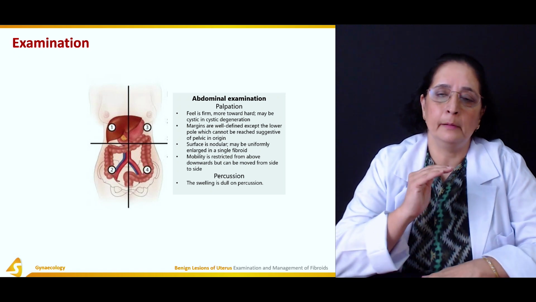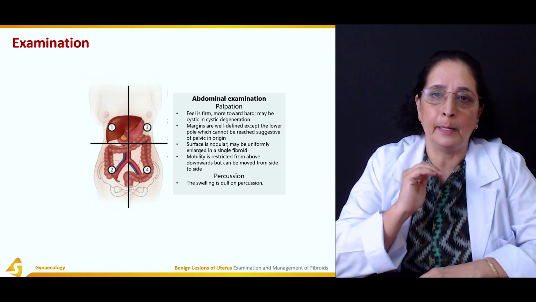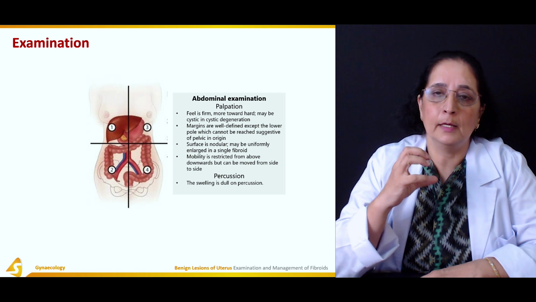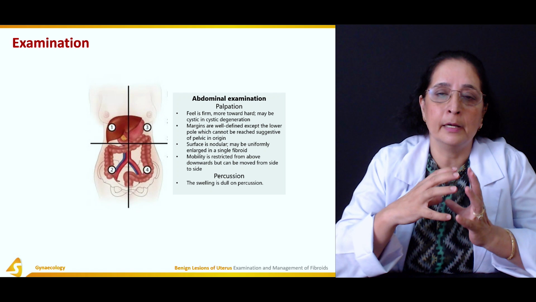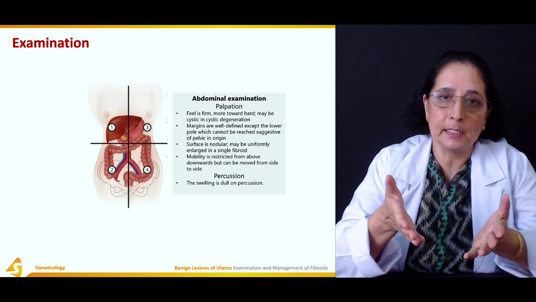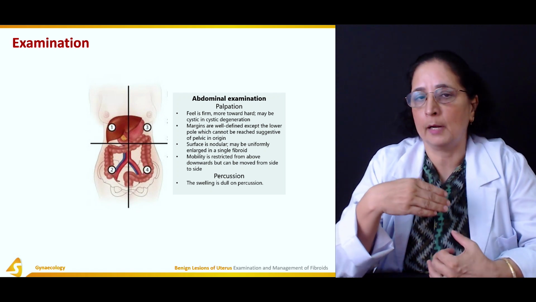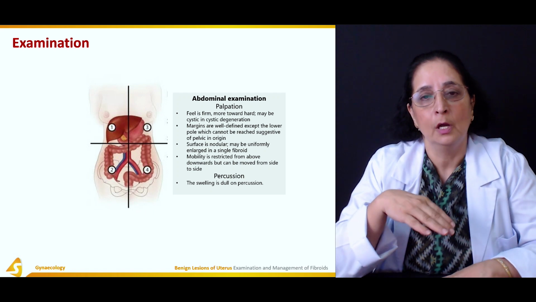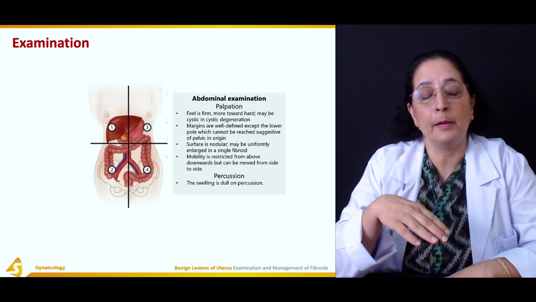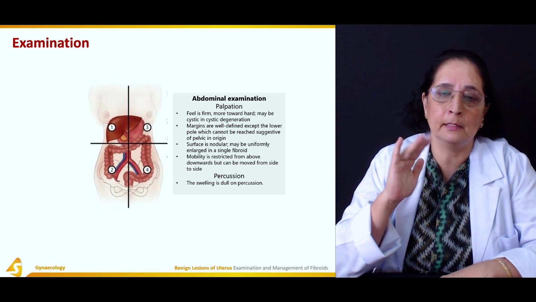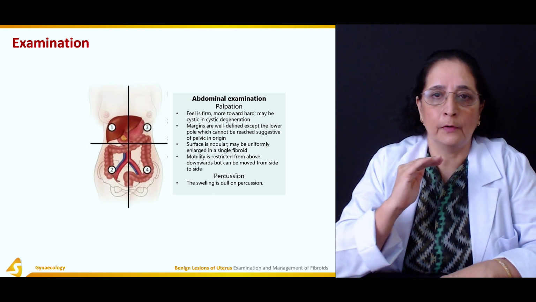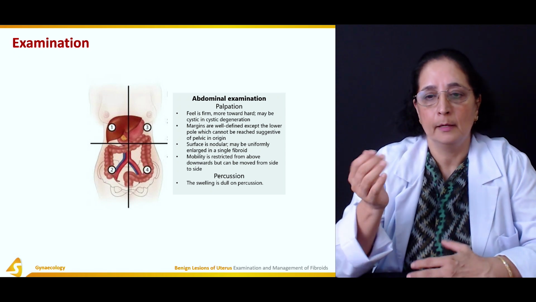So usually when the doctor palpates the abdomen, there is a mass which, in most cases, is hard and firm. But it can be cystic. We already mentioned there might be cystic degeneration or cystic change in the fibroids, and cysts are fluid-filled sacs. So in that case, the feeling is soft as compared to solid masses.